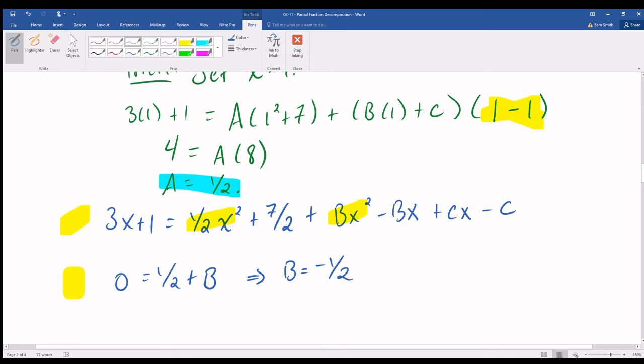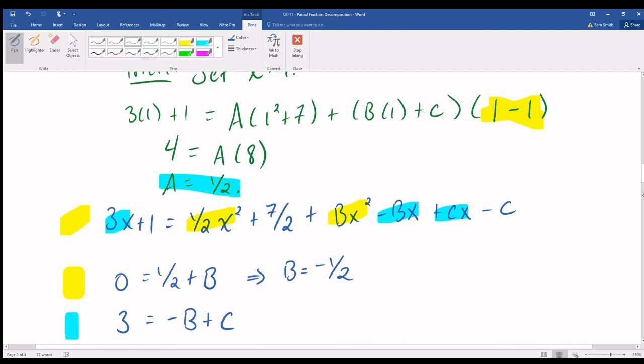Alright, I can also go through and compare the number of x's, for example, that I have on the left. The number of x's on the left is 3. Meanwhile, on the right-hand side, I have -b x's plus c x's. So based on that, it must be true that 3 is equal to -b plus c.